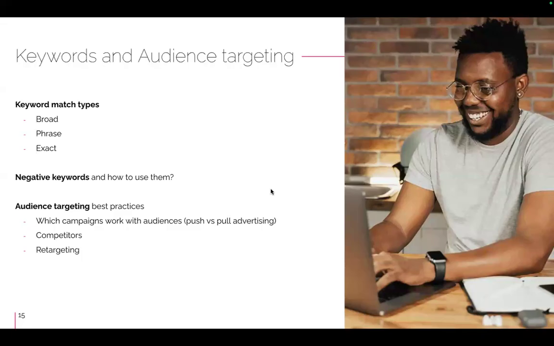So why would you want to have different types of keywords? Exact match keywords would be very useful for brand names, or if you're advertising for medicine, or for something very specific, you want very strict search terms that only come up when being searched.